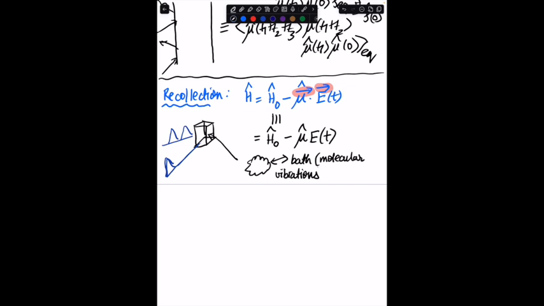So the molecular degrees of freedom in electronic spectroscopy will be treated as a bath, but in some cases in vibrational spectroscopy, the non-relevant vibrational degrees of freedom will also be treated as the bath and also includes solvent contributions.